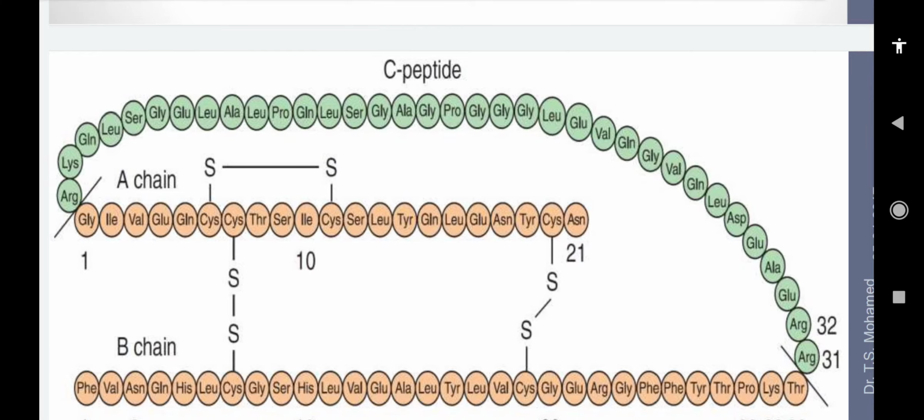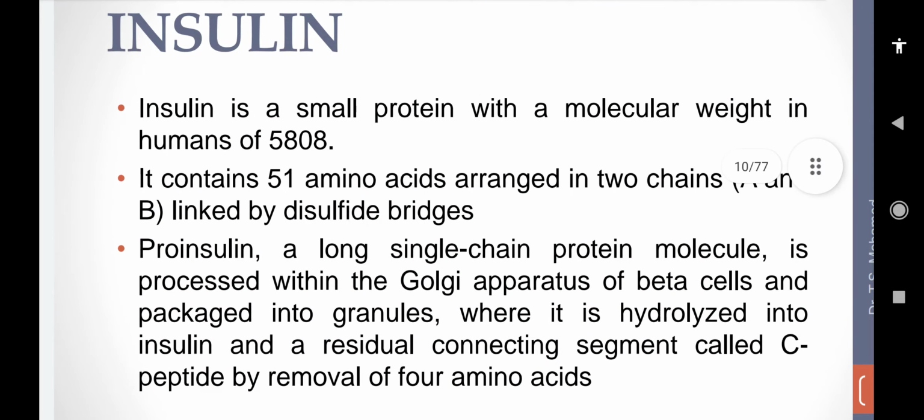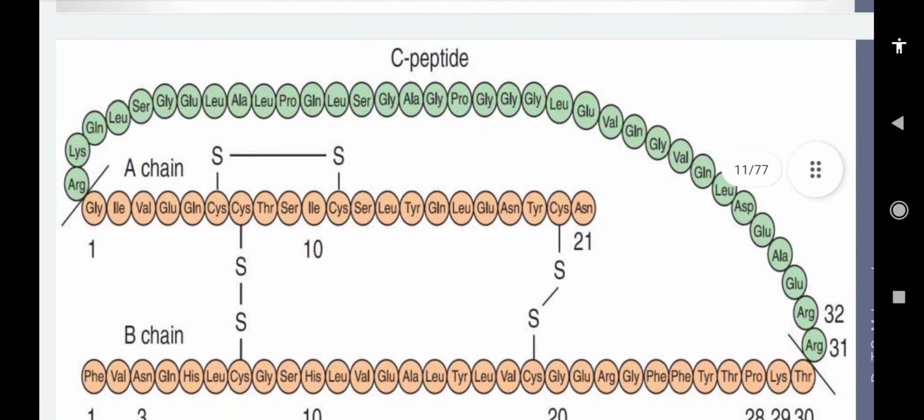In the Golgi apparatus, proinsulin breaks into the insulin and the C-peptide by the removal of 4 amino acids. So what you have to learn in this picture is that insulin is 51 amino acids arranged in the two chains, that is A and B. That's it.